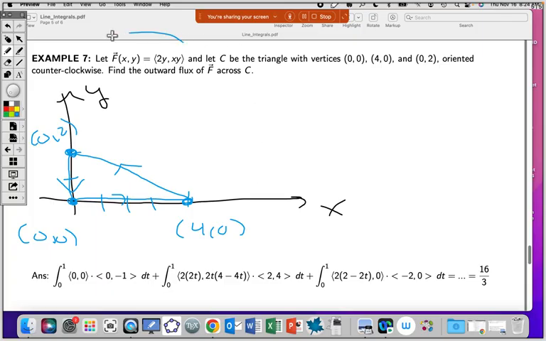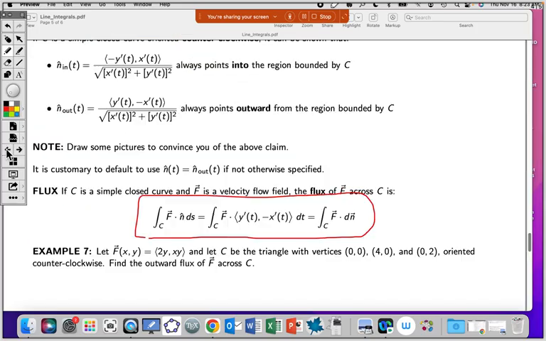And we've got this field here. And so we have 3 line segments we're working with now. Flux, just like work, is going to be an additive thing.